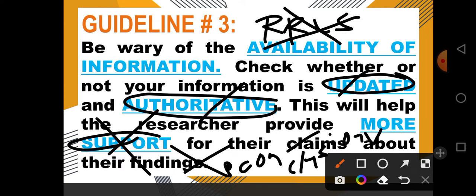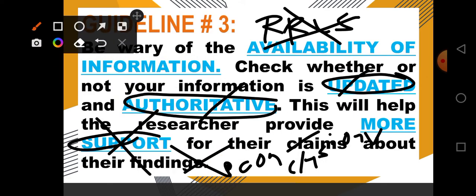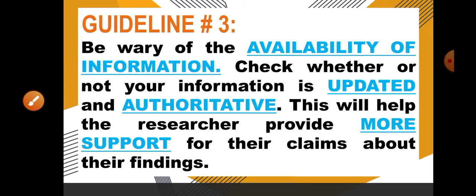Okay? So, we can rephrase this as, if you don't have any support from the well-known authors, then it cannot support your findings and your conclusions. Therefore, class, you must choose a research topic that contains information that is updated and authoritative.